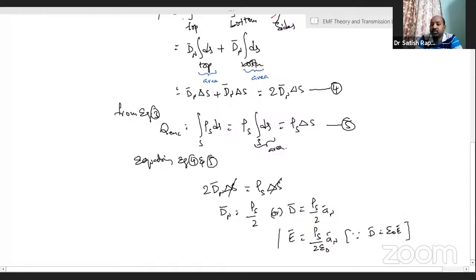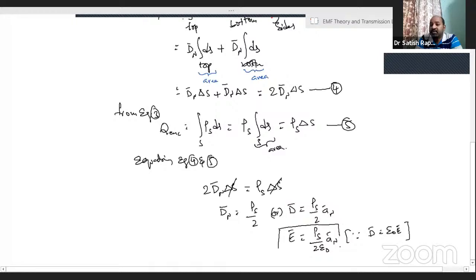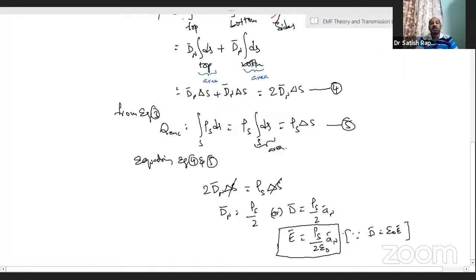So this is how we can determine the electric field due to a surface charge using Gauss law. Using Gauss law, determining the electric field is very simple. With this we have completed Gauss law.